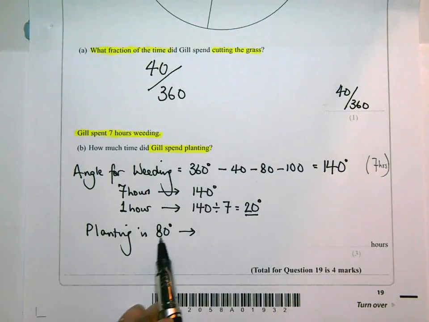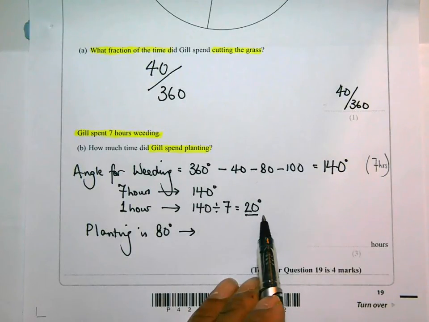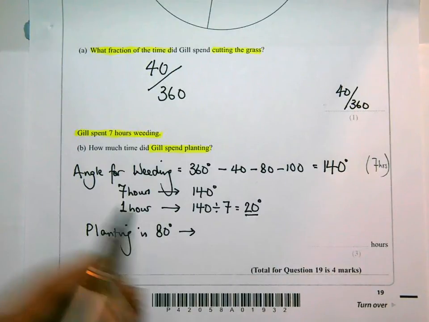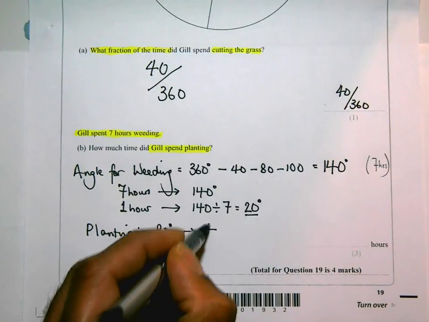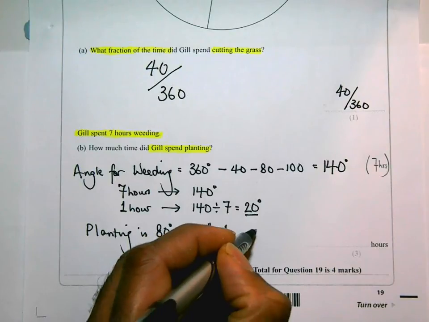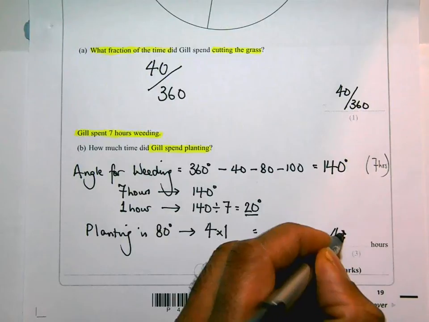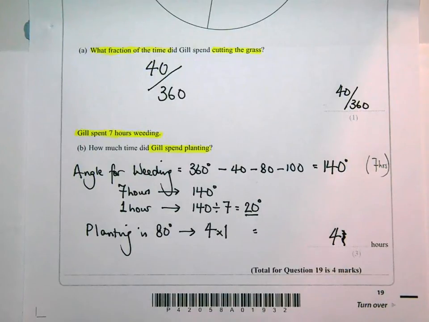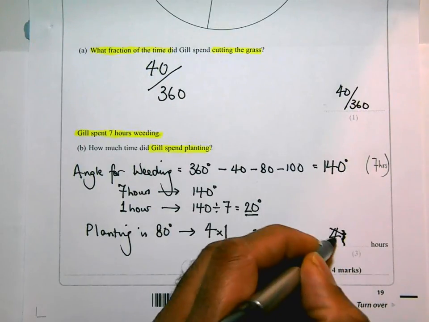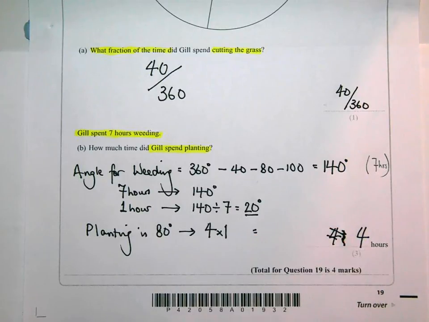Yep, so 4 times 20 is 80. 4 times 1, in other words, 4 hours. I don't need to write hours there, it's already written. So it's just 4. In fact, I'm going to put a line through that and write it clearly. 4 hours.